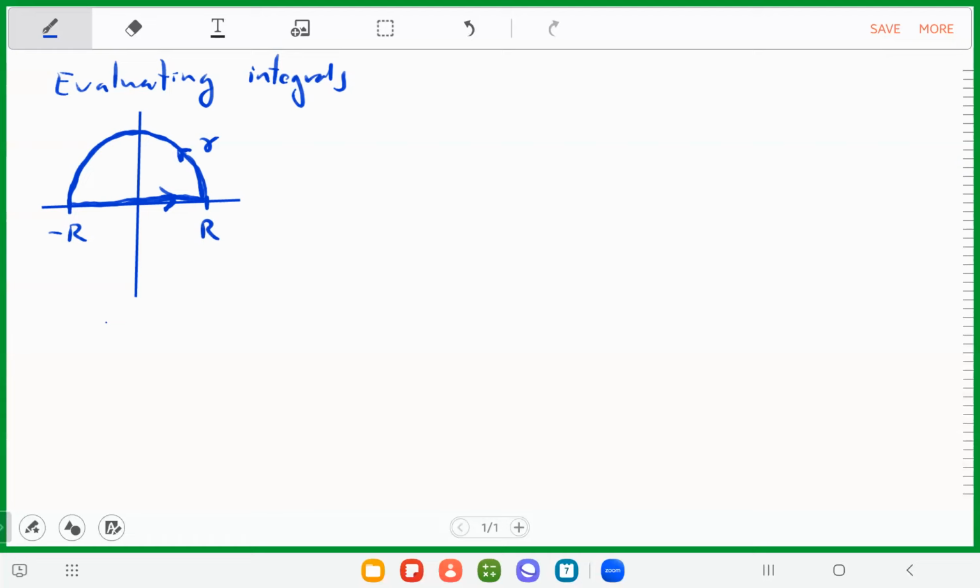So this contour could be useful to find an integral, for example, an integral between minus infinity and infinity of a real variable, but only if the second part of the contour, the semicircle, can be estimated in some other way. If the integral around the semicircle is also unknown, then we cannot use this.